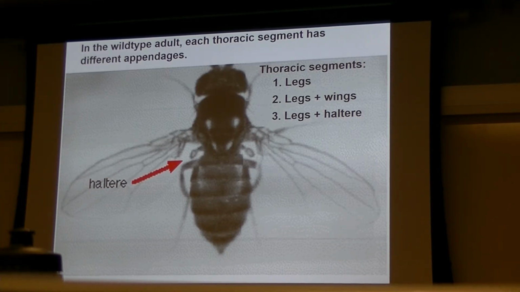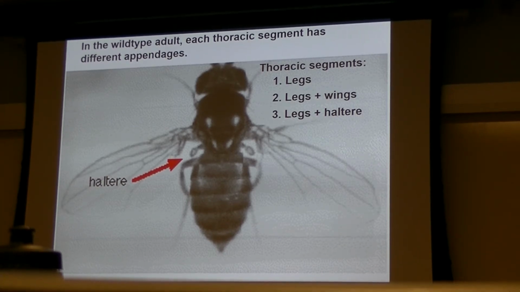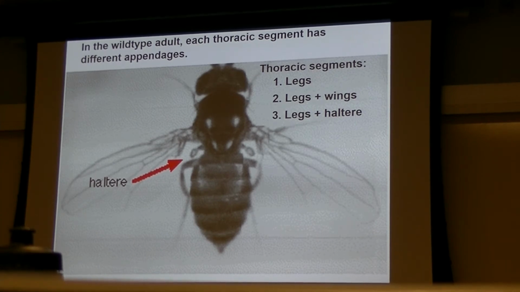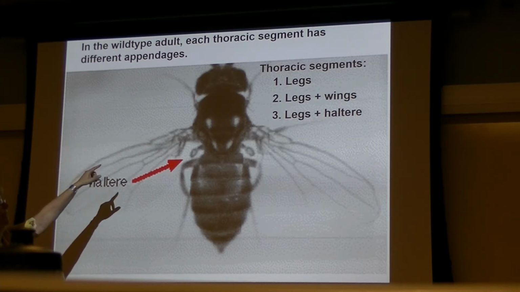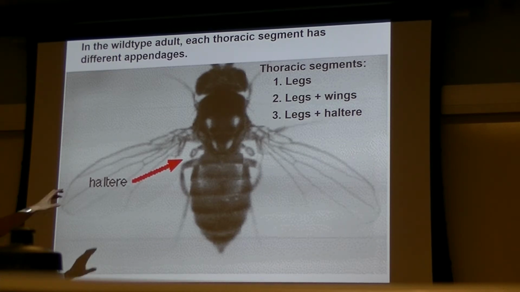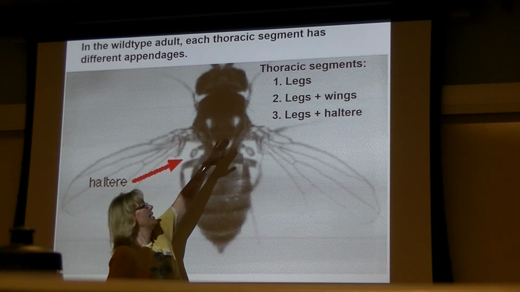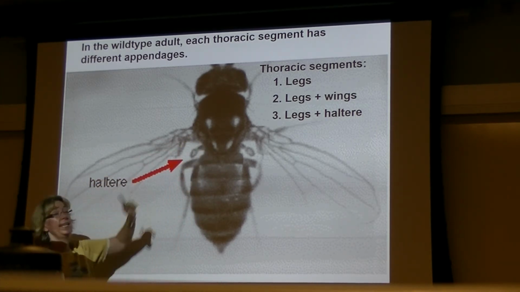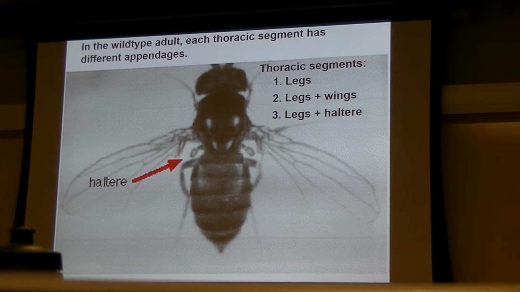That first segment, that chunk of tissue that we looked at, should become thorax, and that will give rise to some of that more anterior tissue, including a pair of legs. The second thoracic segment in the larvae will become this back area here, and a pair of wings will be attached and grow out from that second larval segment.